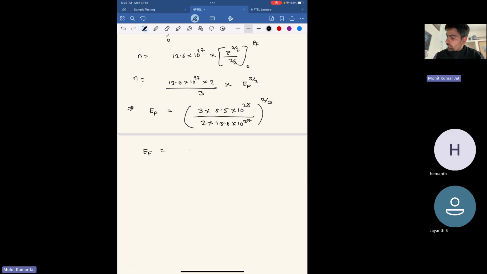Though I have already solved it, I can just solve it for you. I'll use the calculator. So 3 into 8.5 is 25.5, divide by 2, divide by 13.6. So this will be 0.93 × 10 to the power 2/3.